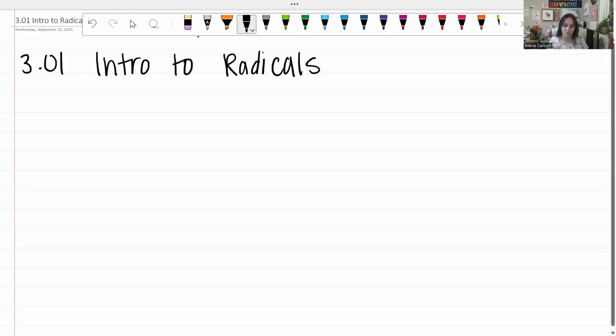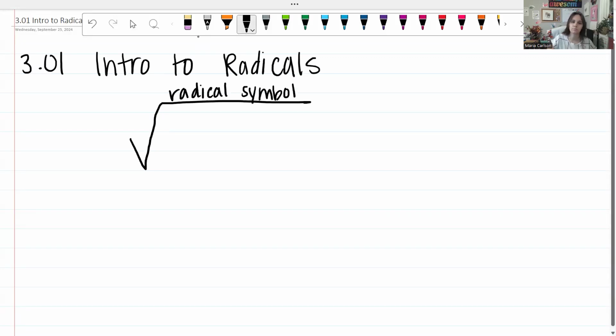So first things first, we kind of need to talk about what is a radical. Some basic vocabulary: this is a radical symbol. And your radical symbol always has somebody in the house.